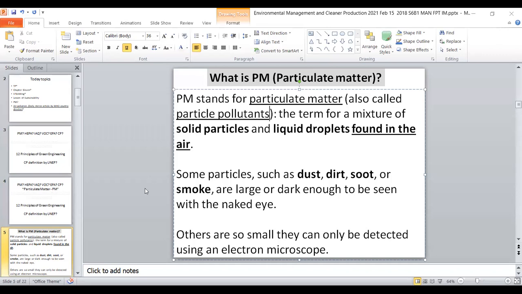Some can be solid particles, some can be liquid droplets. It is very important to have this knowledge about these small particles.